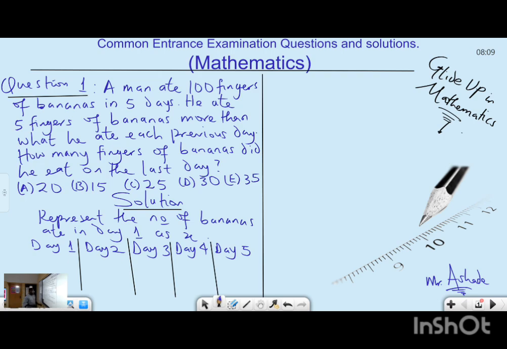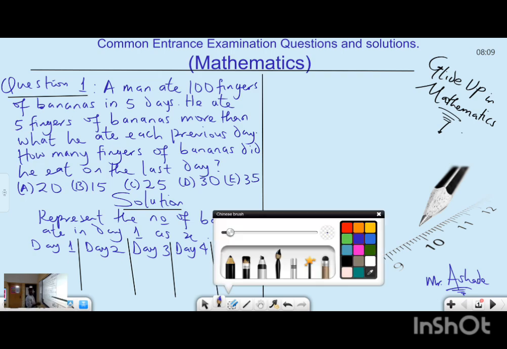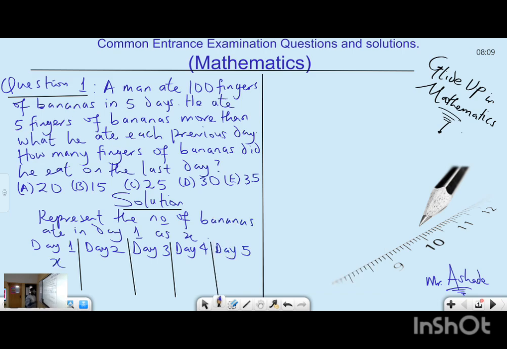So that means, let's assume the man ate X number of bananas in day 1. That means the next day he ate 5 more. So the next day is going to be 5 plus what he ate in day 1. So we can say day 2 will be X plus 5, 5 more than what he ate in day 1.